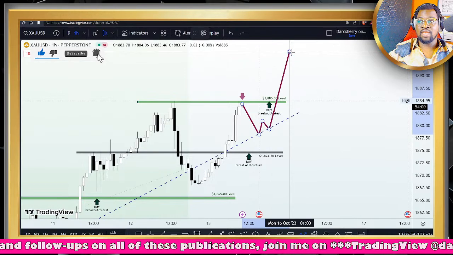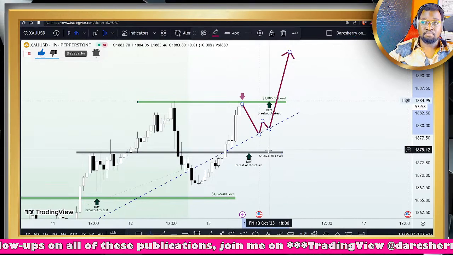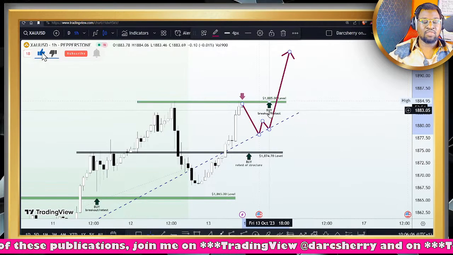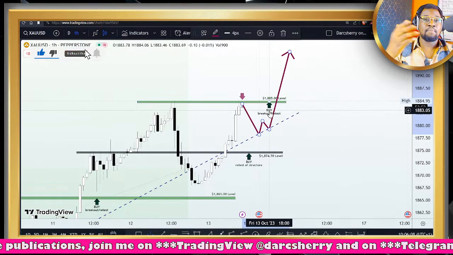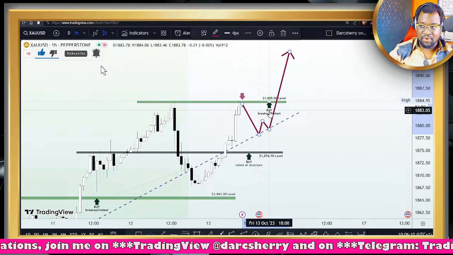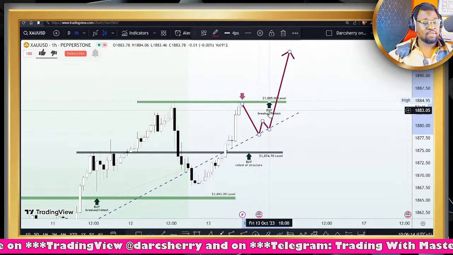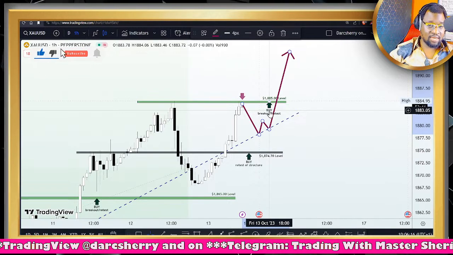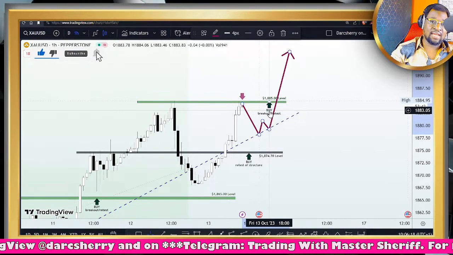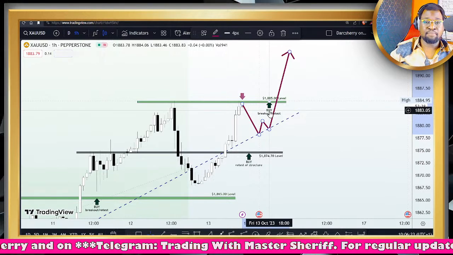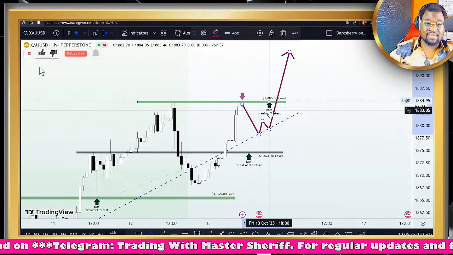Then I will be willing to be bullish at this point, then have a buy stop order above the 1,885 to maximize that uptrend scenario here. So on the XAUUSD today, based on the fundamental understanding we have and the technical understanding we have so far this week, I'm holding on to a bullish bias on this asset.